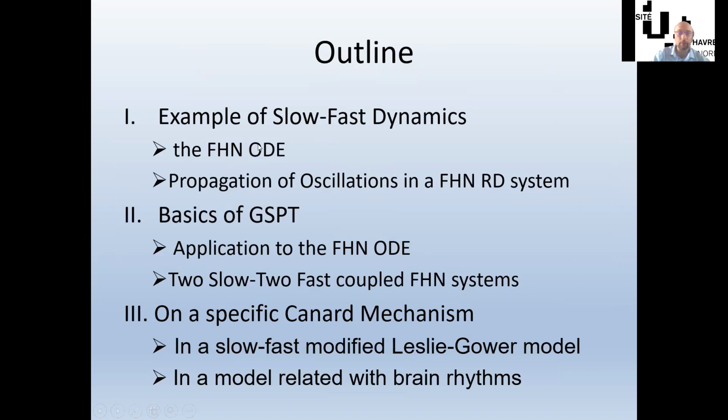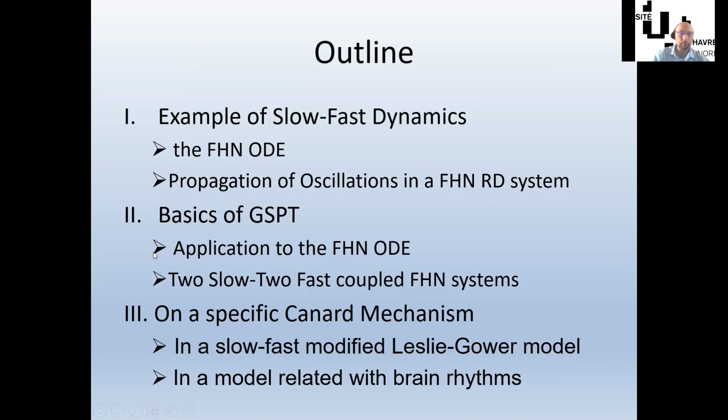This one that I'm going to present to you is a slow-fast system. And then I will discuss the propagation of oscillations in FitzHugh-Nagumo, but this time it's a PDE, a reaction diffusion system. We have already seen that, but we will discuss somehow more details about this PDE.